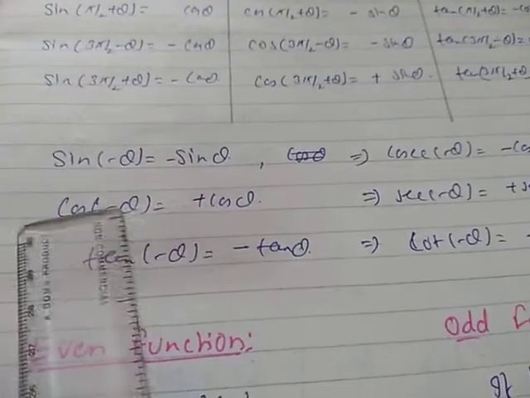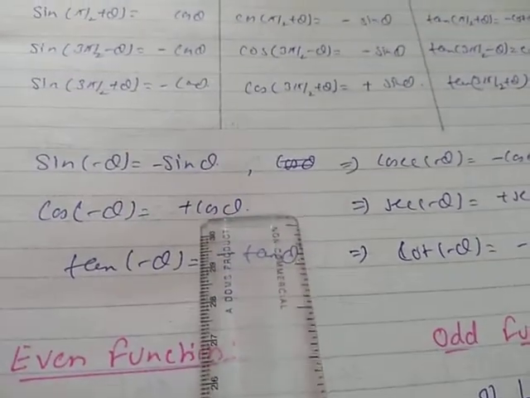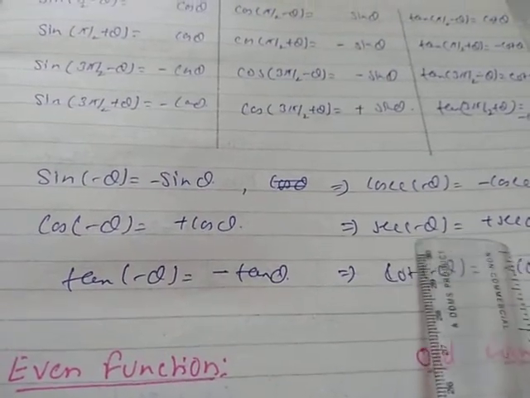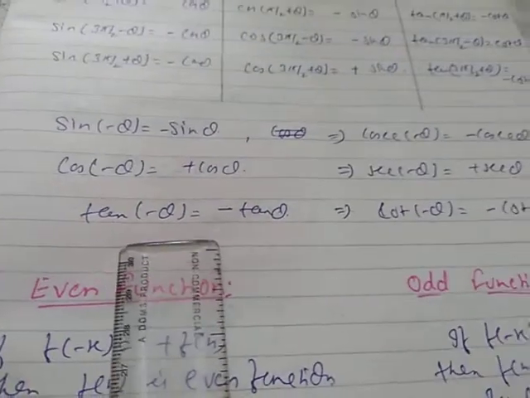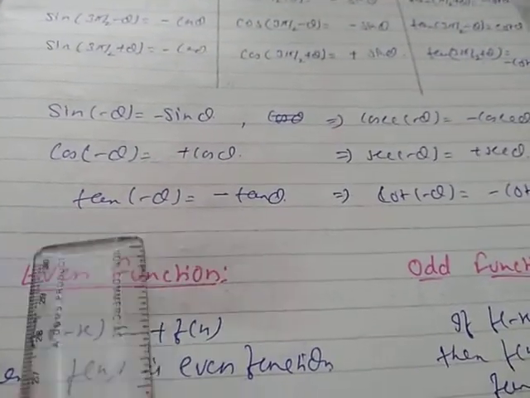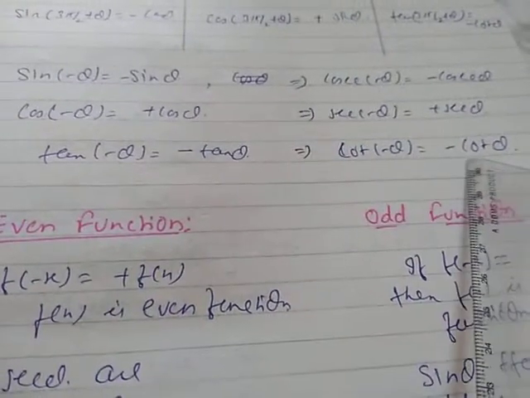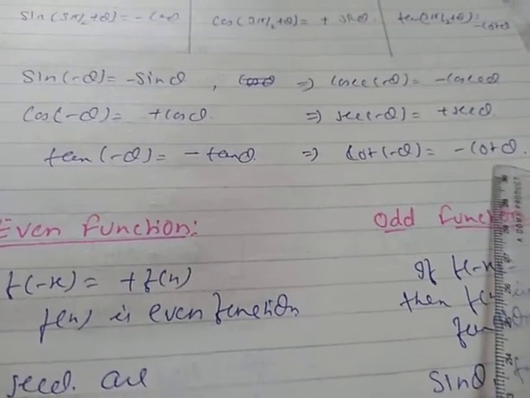Cos of minus theta lies in fourth quadrant, cos is positive, therefore plus cos theta. It implies sec of minus theta is also sec theta. Tan of minus theta, again it lies in fourth quadrant, therefore it is negative. And cot of minus theta is also minus cot theta.